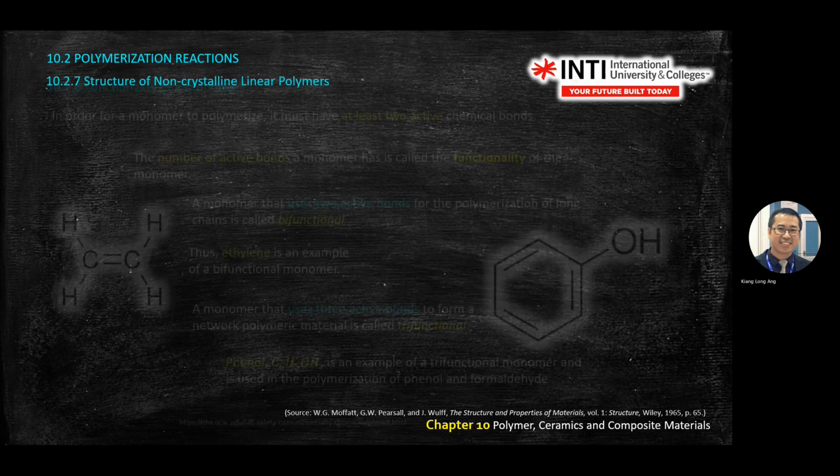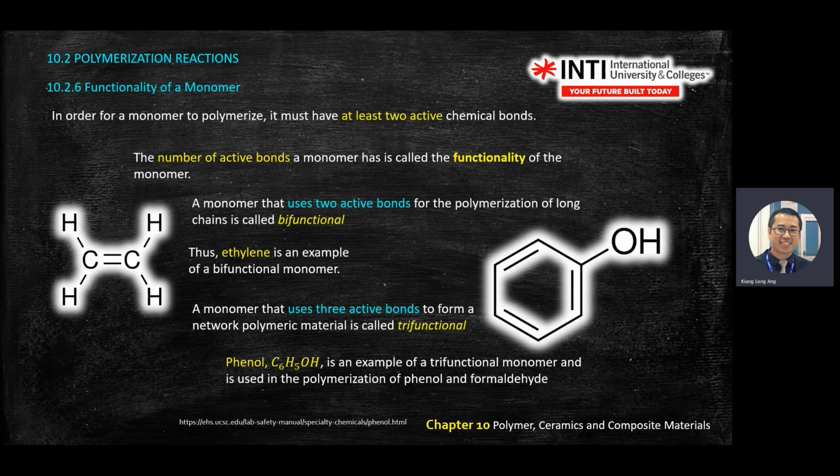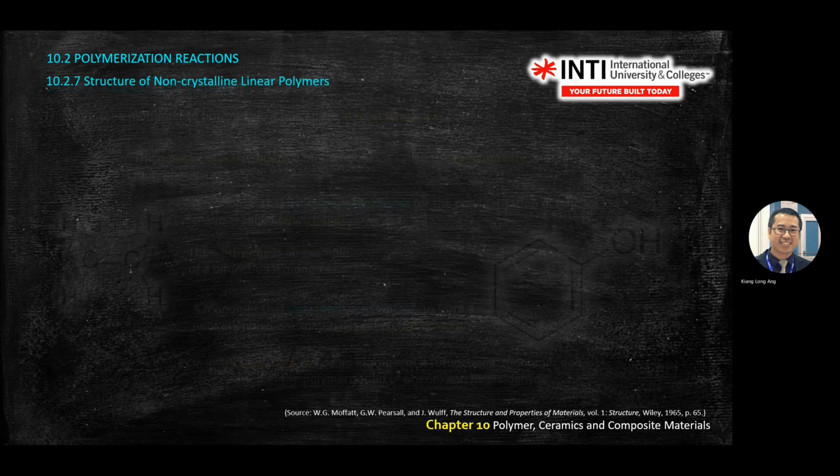Later I'll show you the table when you have time. At this moment, we don't care about how to draw this one. Just bear in mind that you should be able to draw the chemical structure.